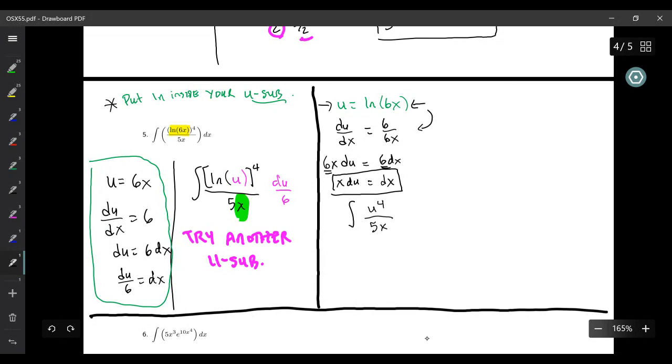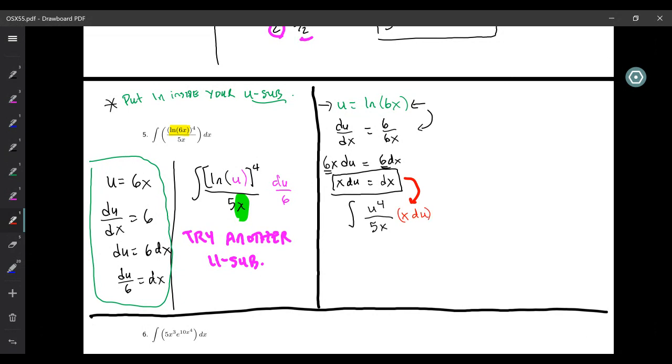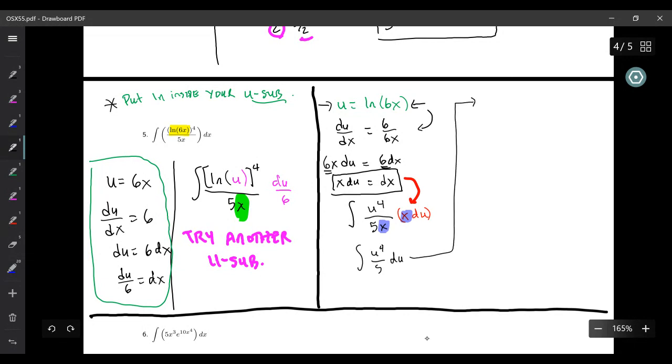And if you put the du in, comes x du. Right, which is great. So this is treated as a numerator. So as this x and this x cancel each other, you're left with u to the 4th over 5 du. All right, so I can pull out that 1/5 as a coefficient, u to the 4th.